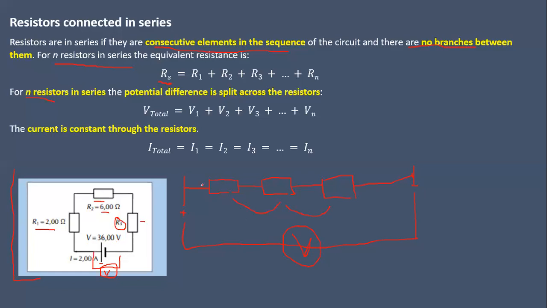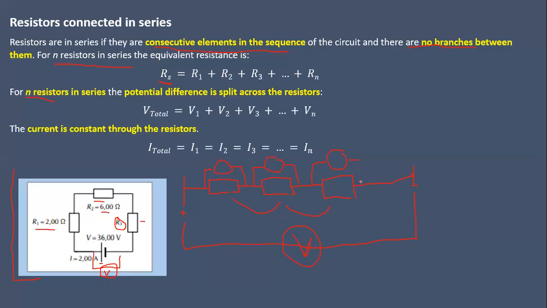And then let's say, for example, you connect another voltmeter here to measure the potential difference at this resistor. You connect another one here, and then you connect the last one here.